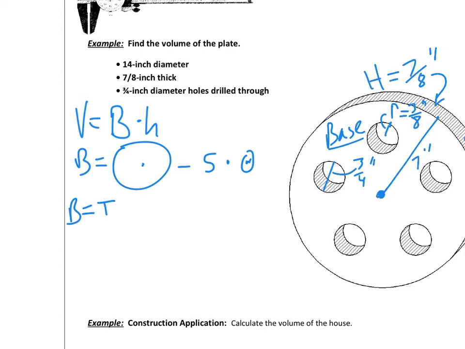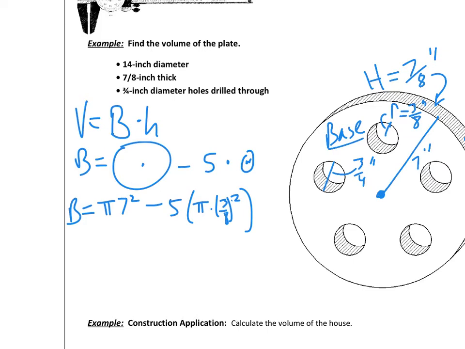That's pi times 7 squared, because the radius is 7. And then we got to subtract off 5 little circles there. And so that's pi times 3/8 squared, pi r squared. Remember, the area of a circle is pi r squared. All right, I'm going to clean that up.